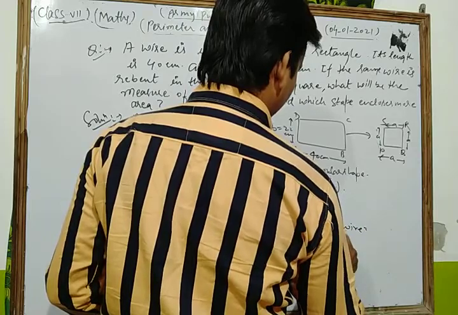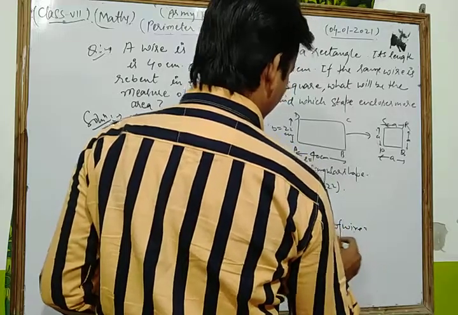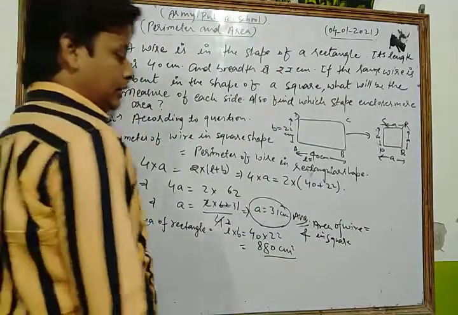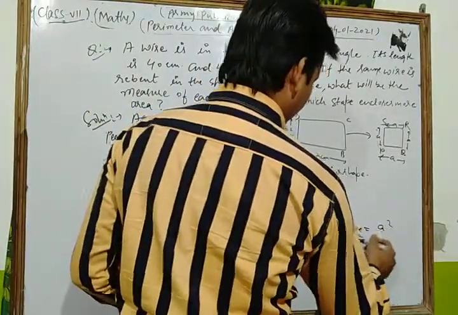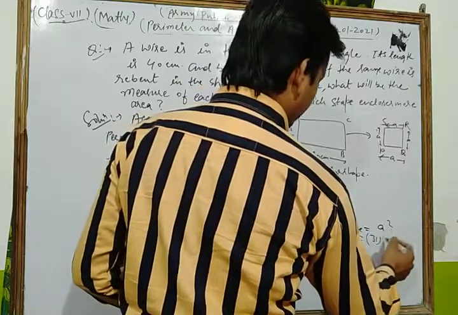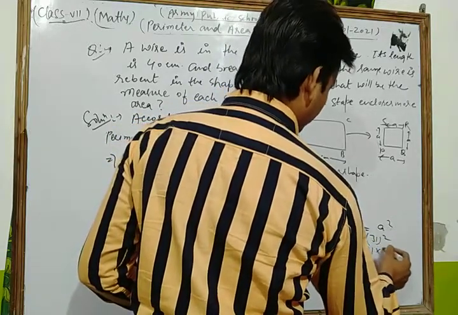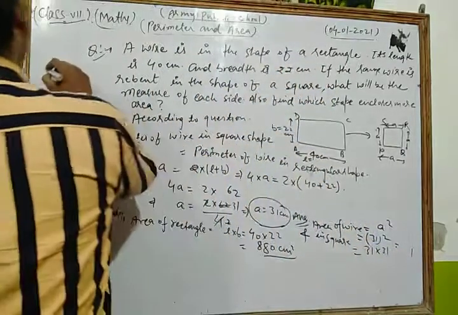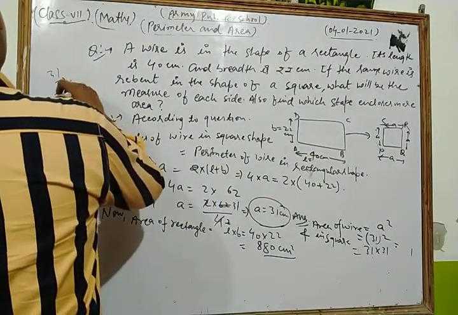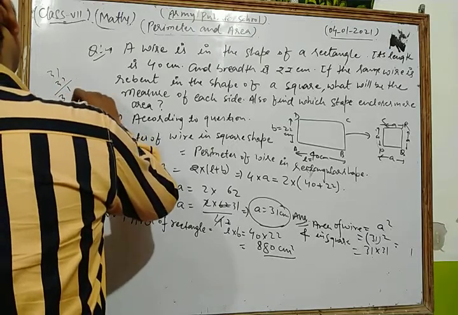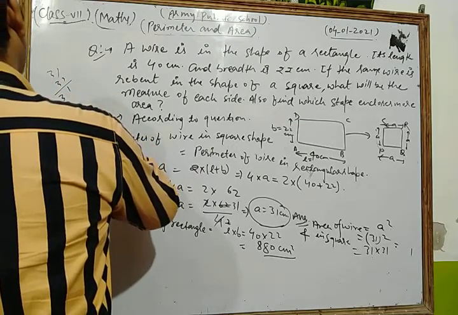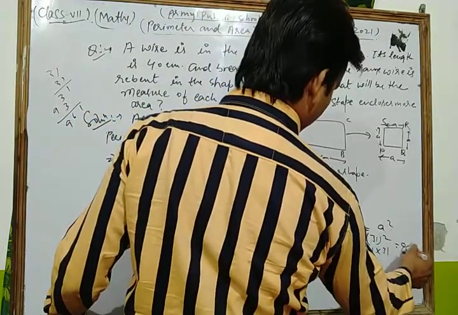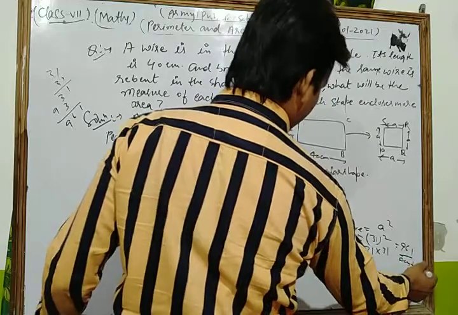And the area of wire in square shape is what, dear friends? Side is square, and you found the side of the square is 31. So 31 into 31 is what? Let's see, 31 multiplied by 31 is 961 centimeter square.